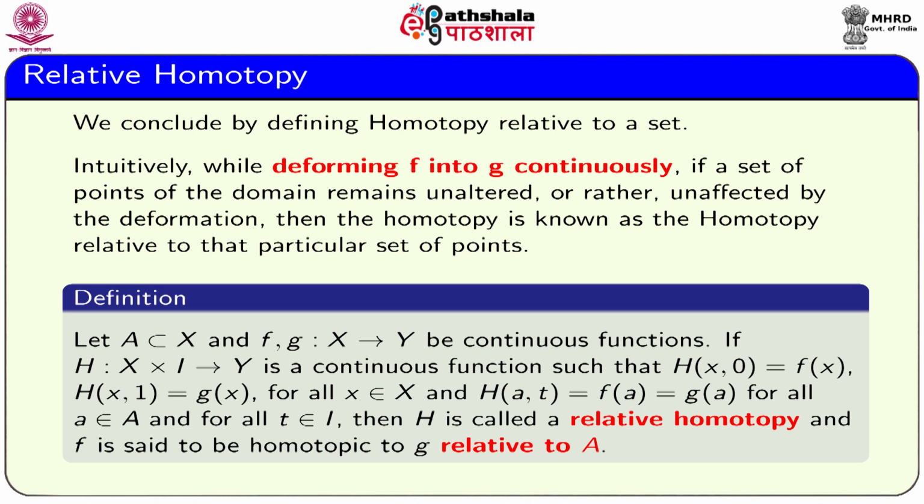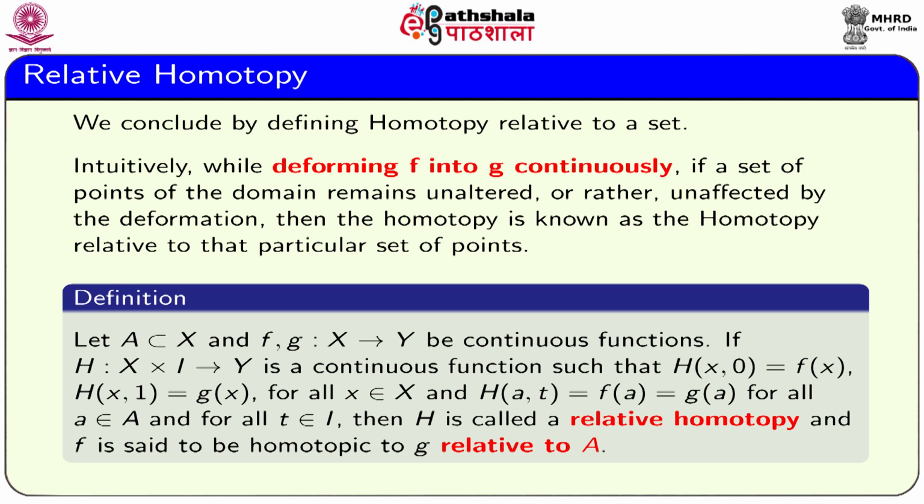So if we formalize this intuitive idea, then we get the definition of relative homotopy: given a subset A of X, given two continuous functions f and g from X to Y, if capital H from X cross I to Y is a continuous function such that H(x,0) is f(x) and H(x,1) equal to g(x) for all x belonging to capital X, and further at every point a of capital A, H(a,t) is equal to f(a) and that is again equal to g(a), then capital H is called a relative homotopy, or f is said to be homotopic to g relative to the set A.